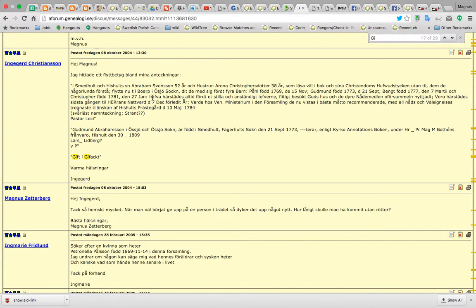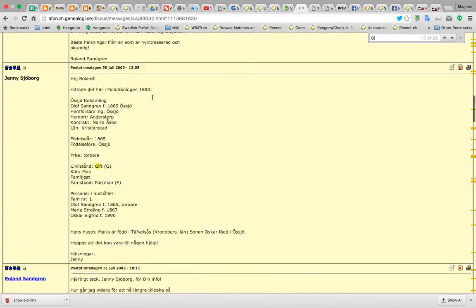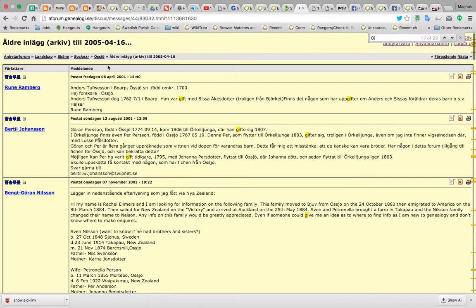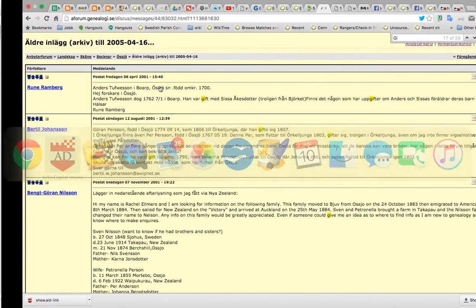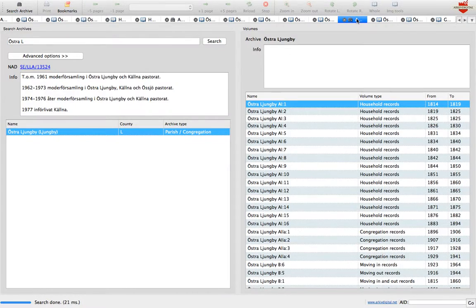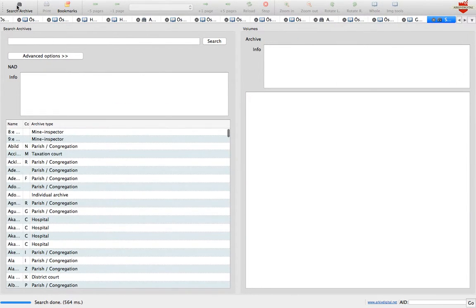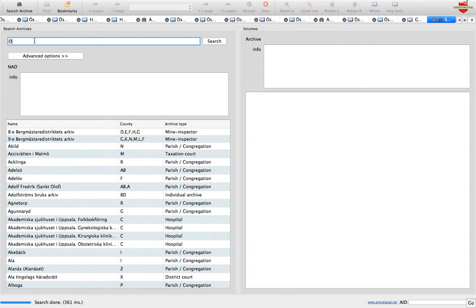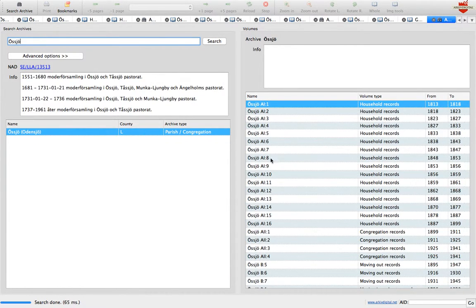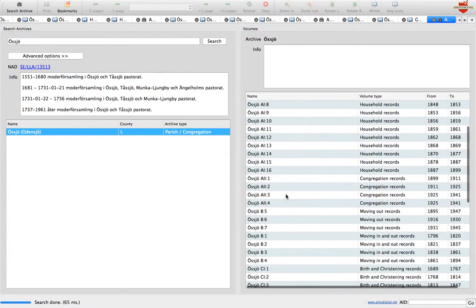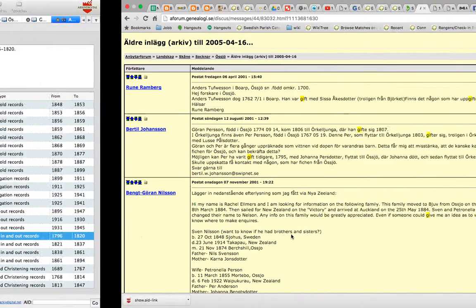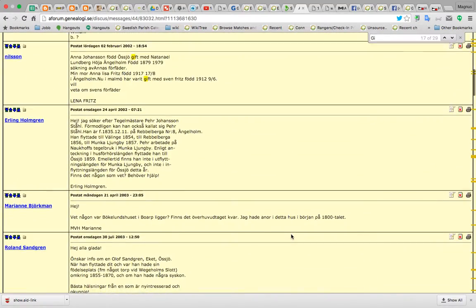So maybe we have move in, move out, and then we have move into Örsjö. We take another one. Here we have Örsjö. Moved in, moved out. So that we have moved in from 1796.